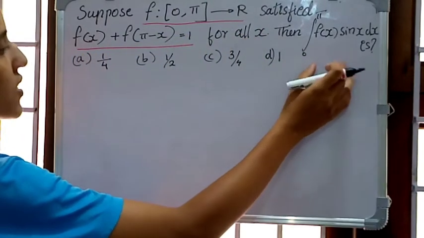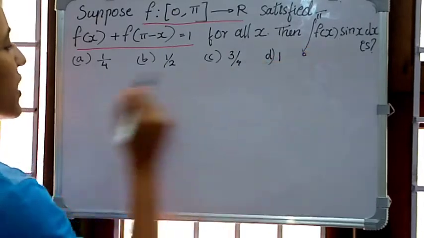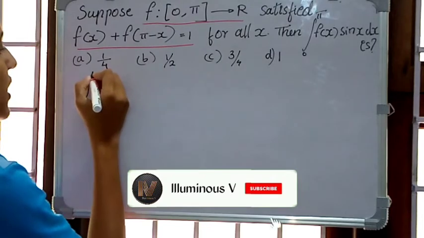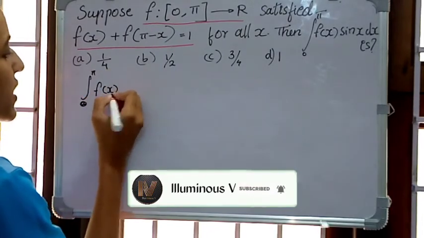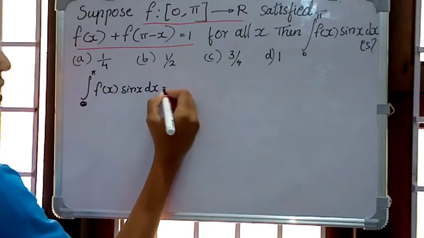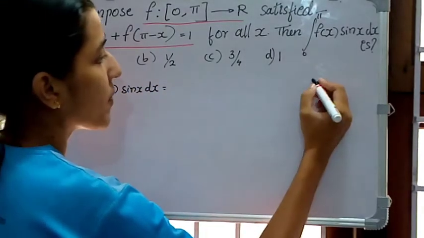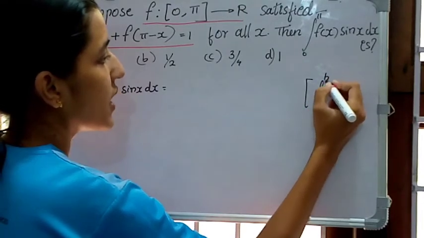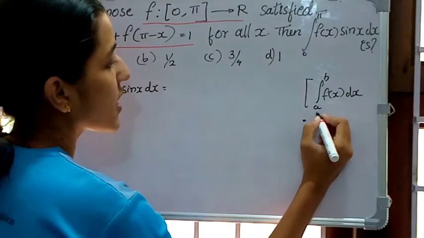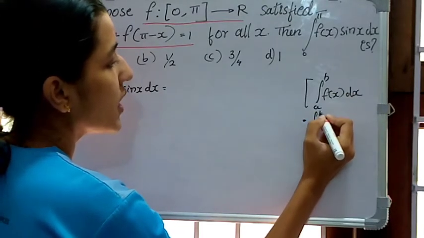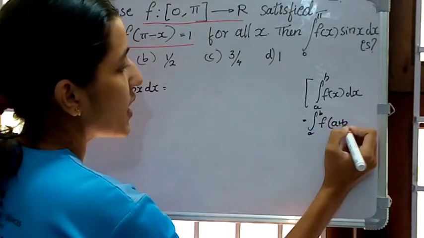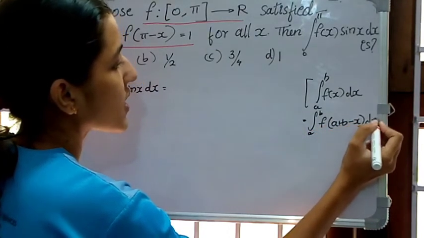Let's write the quantity which we need to find here, which is integral 0 to pi f of x sin x dx. So this is in the form integral a to b f of x dx, which can be written as integral a to b f of a plus b minus x dx.